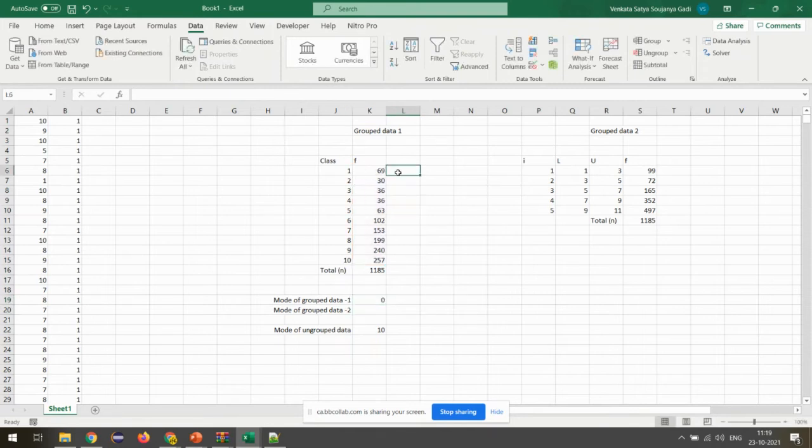Here I put again the same one. So this is a formula to do it automatically.